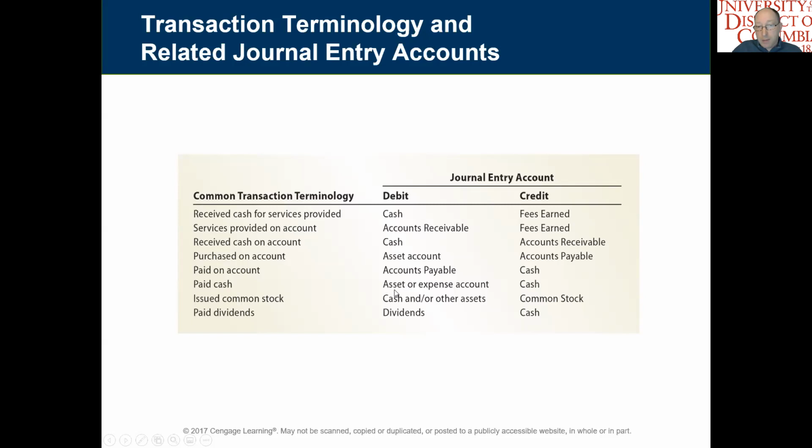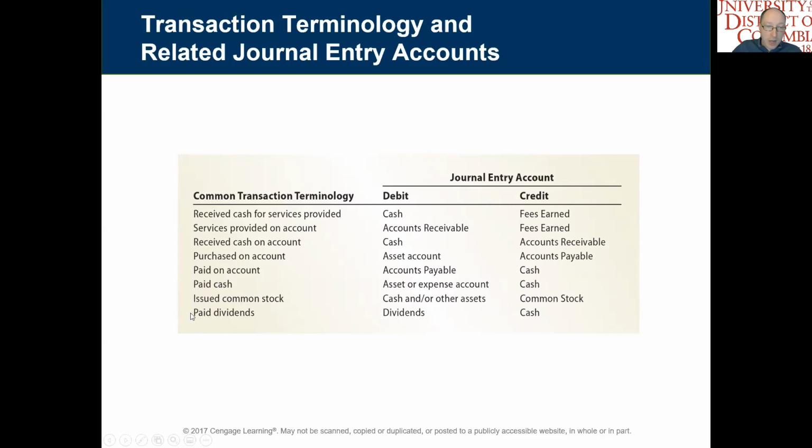We're going to debit our asset or our expense account, whichever one it is, and then we will credit our cash to reduce our cash. In the next transaction, we're going to issue some common stock, which means we increase our cash by debiting cash, and we also increase our common stock account by crediting common stock.